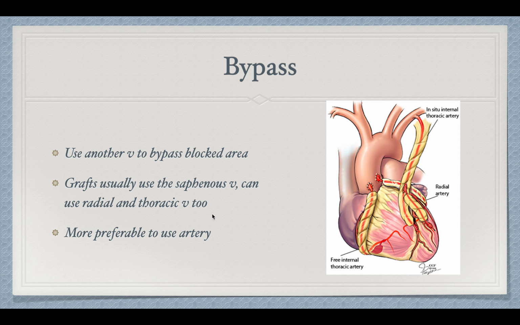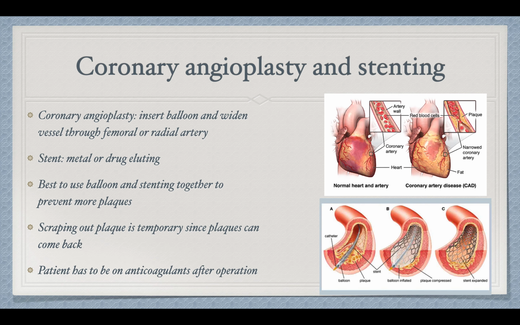If you use the saphenous vein, you have to make absolutely sure you put it in right. Otherwise the valves are going to obstruct the flow of blood, and you haven't done anything by doing a bypass. It's important to use the vein upside down so the valves can allow the flow of blood to the heart.